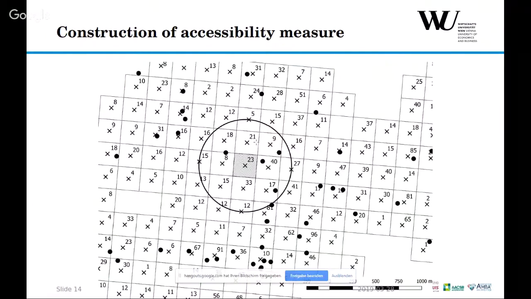But accessibility also depends on the size of each daycare center and on the question how many other children live in the catchment area. And finally, on the distance between the children's place of living and the location of the childcare institutions, so that closer childcare facilities get a higher weight than facilities that are farther away.